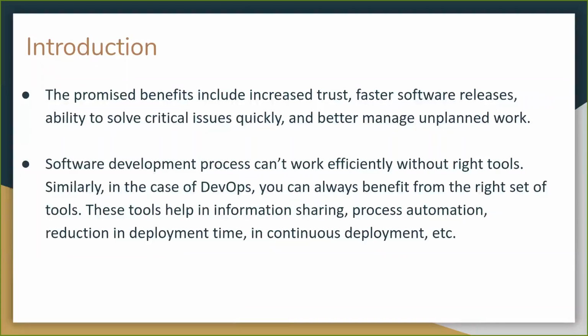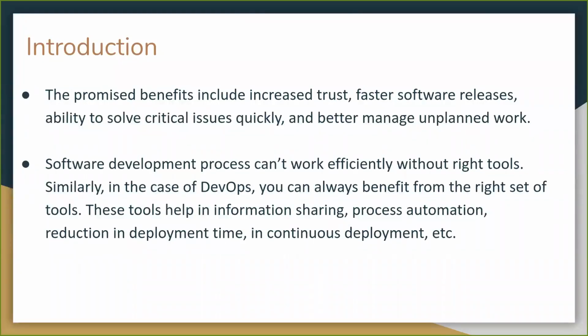Okay, so DevOps promises benefits that include increased trust, faster software releases, the ability to solve critical issues quickly, and better management of unplanned work. Before DevOps, the software development cycle used to take a lot of time. It used to take months to deploy a new release.